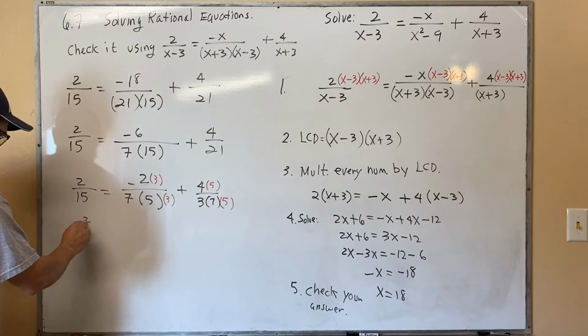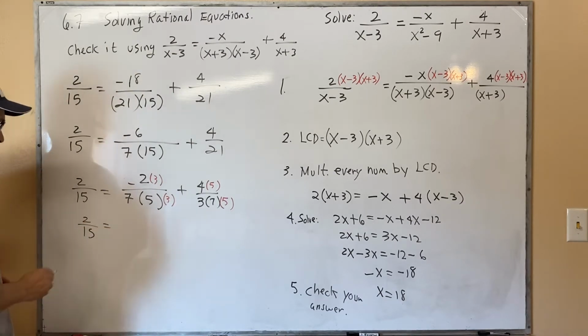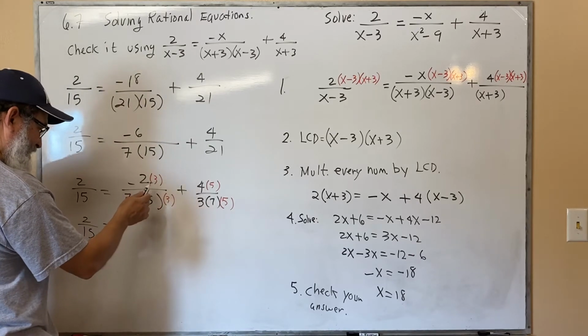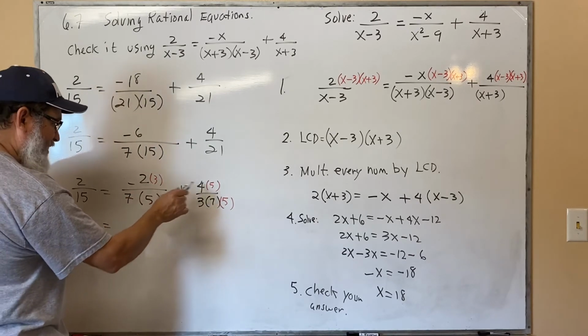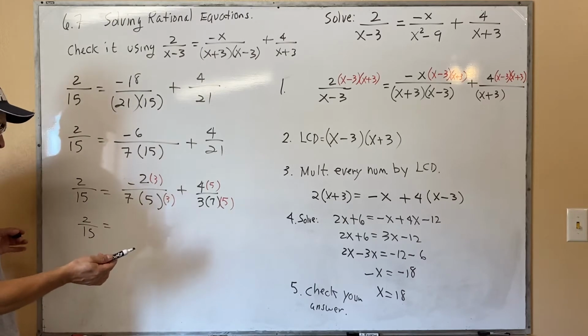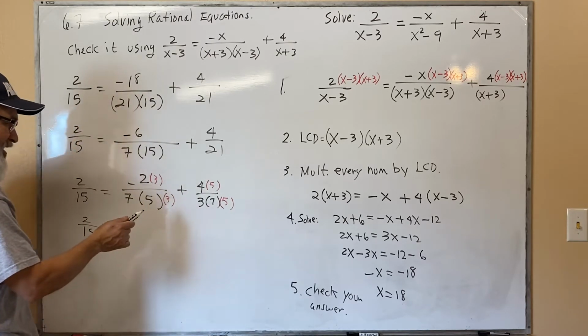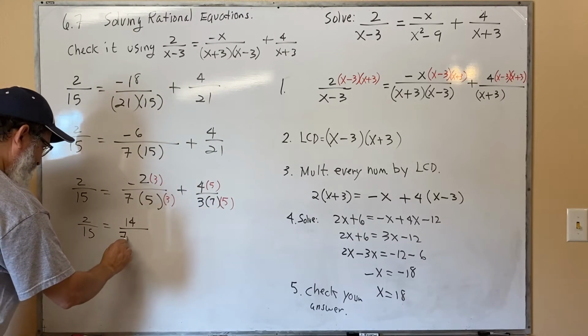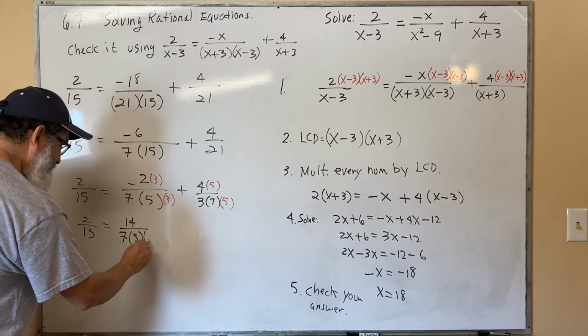So 2 over 15 equals 2. What is this? Is that negative 6? Negative 6 plus 20. What's negative 6 plus 20? Negative 6 plus 20 is 14 over 7 times 5 times 3.